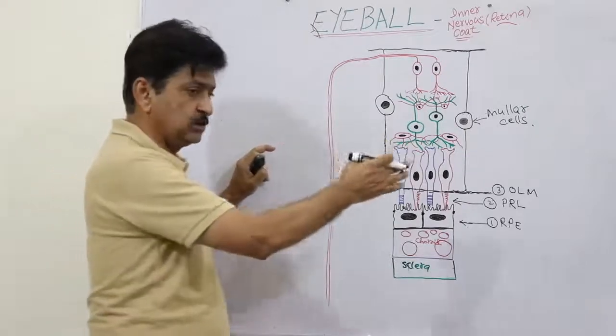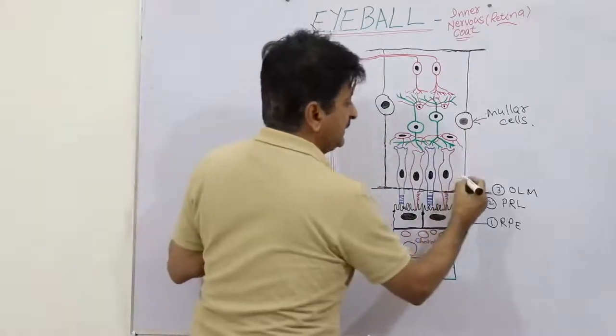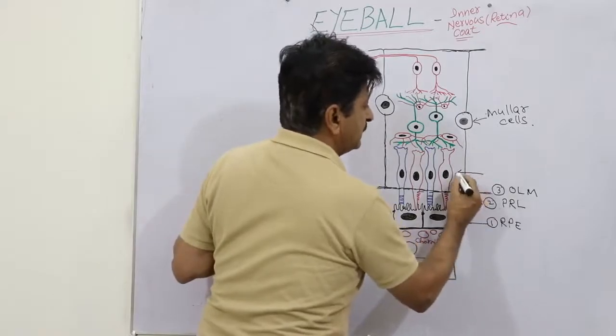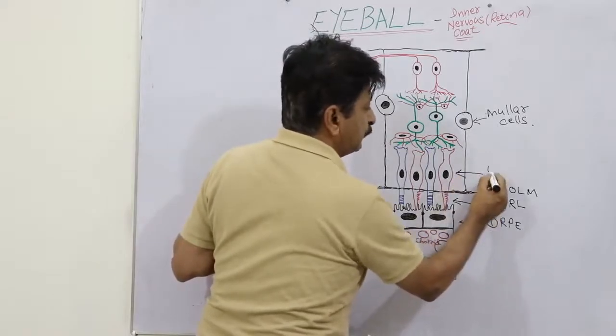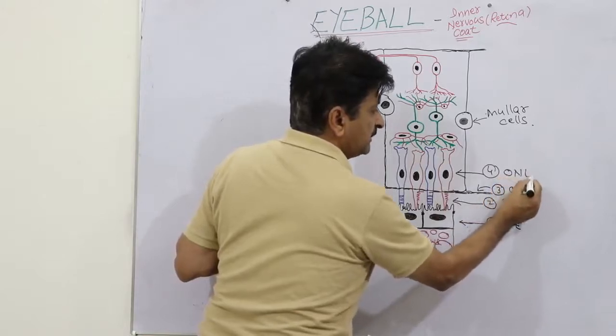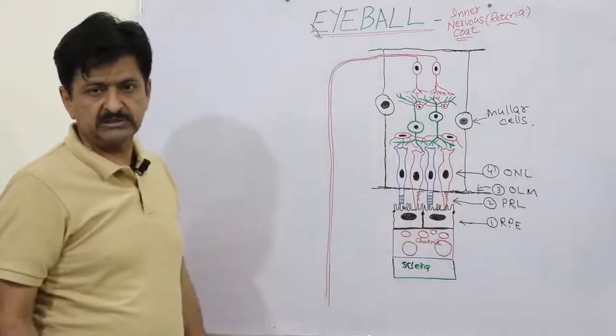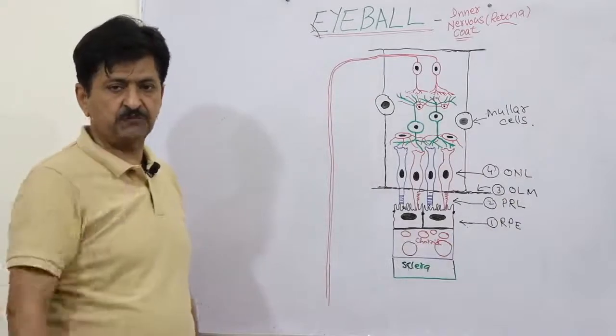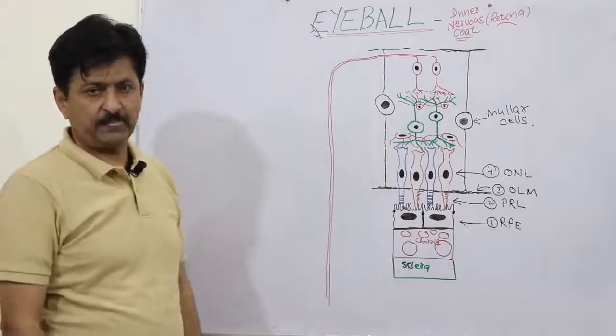That is why it is called the nuclear layer. We call it from outside here, that is why this layer, the 4th layer, is now called the outer nuclear layer. So outer nuclear layer is nothing but the layer containing the cell bodies of the rods and cones.